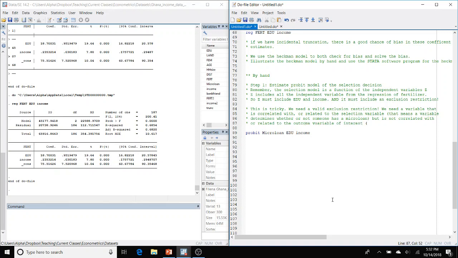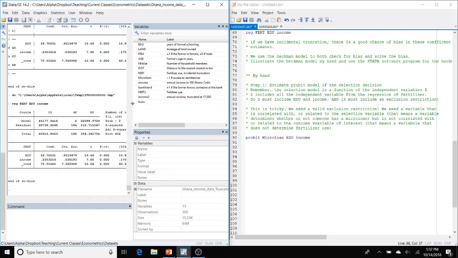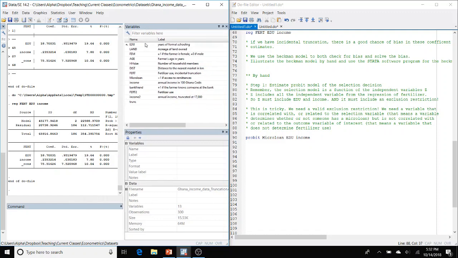So that means a variable that does not determine fertilizer use. Man, that is tricky. That's really, really tricky. We just need to talk through this for a while, because this is going to be the hardest thing.